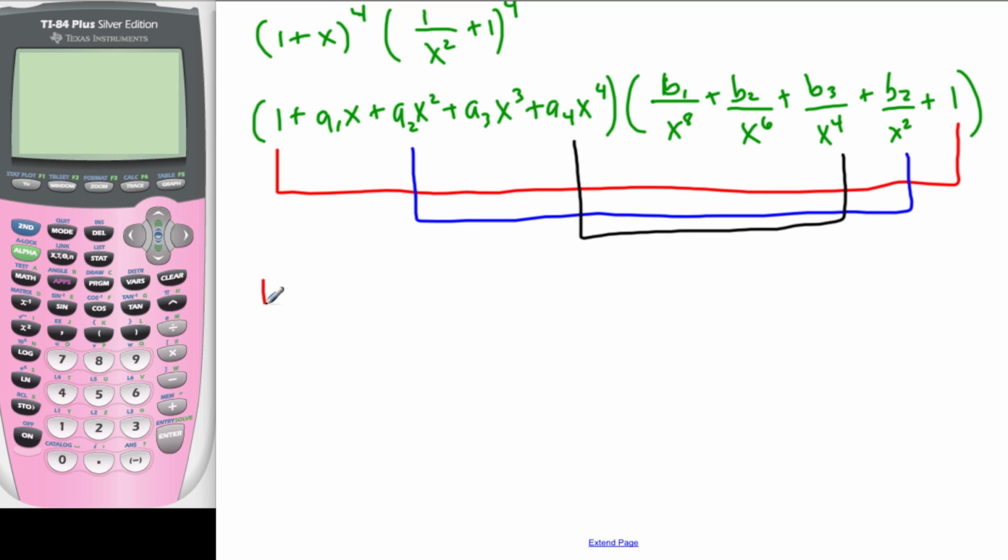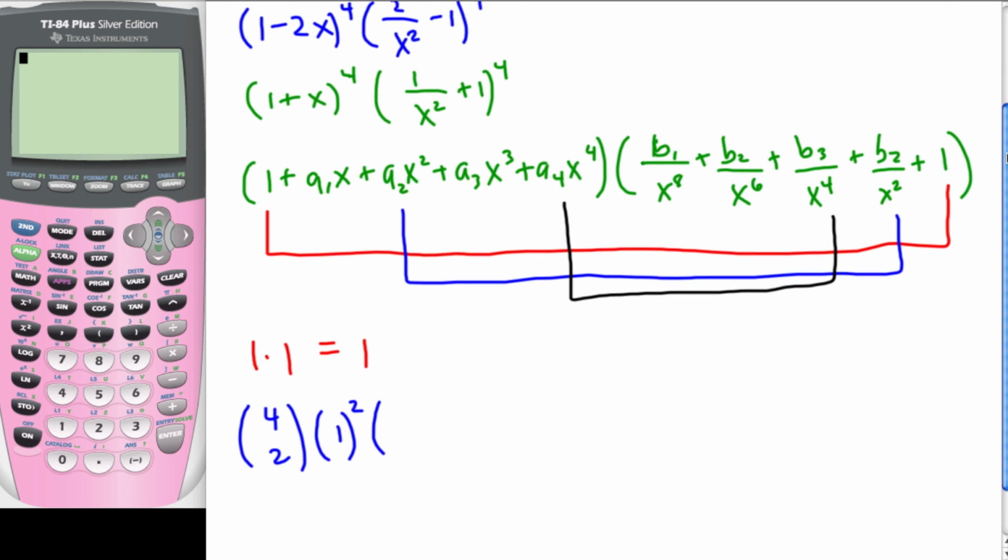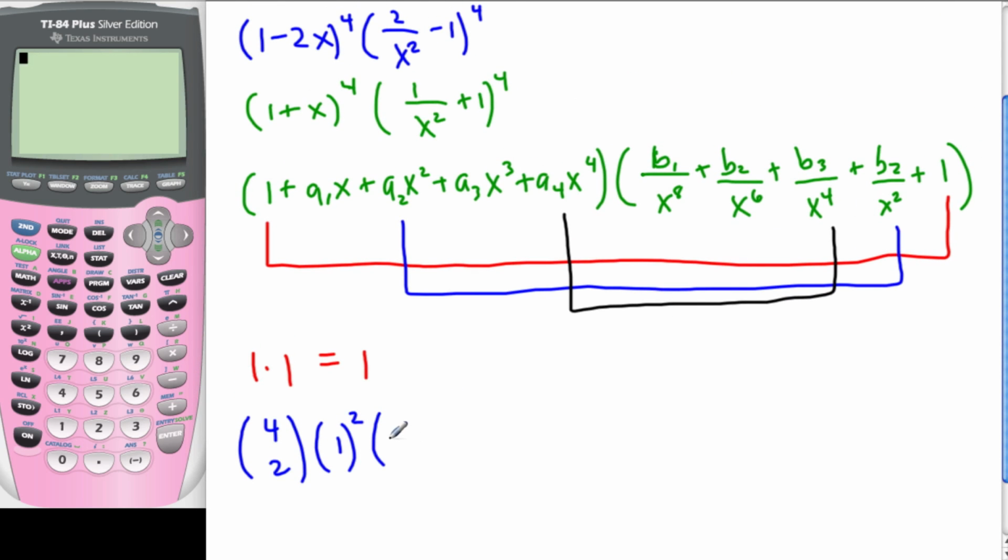So I'll start with red. That's 1 times 1, which equals 1. And then the blue will have a square, this term will be 4 choose 2, and 1 to the 2, and we have negative 2x squared, times the blue one over here, which is 4 choose 3.